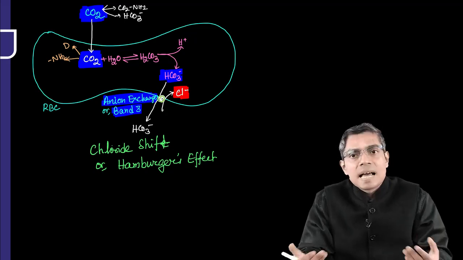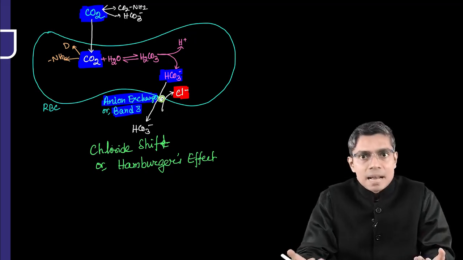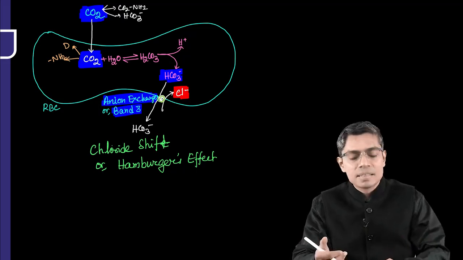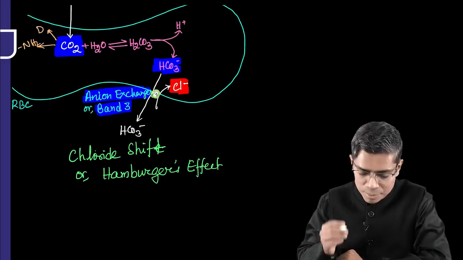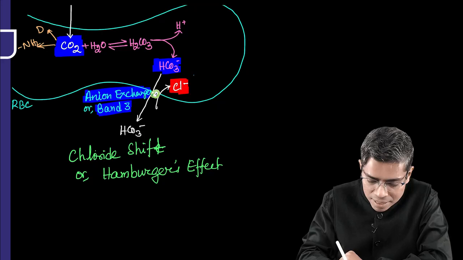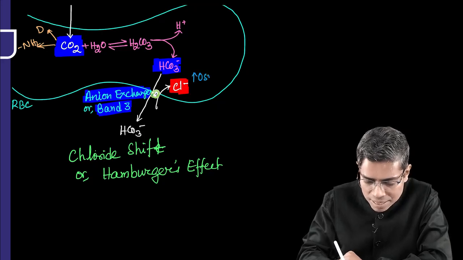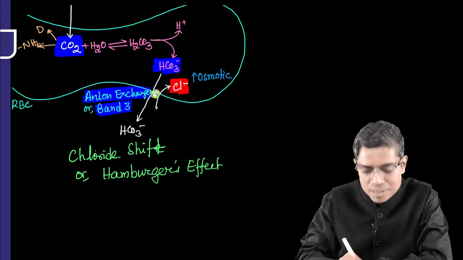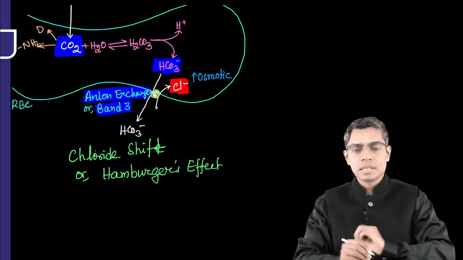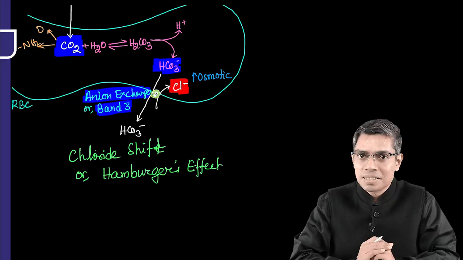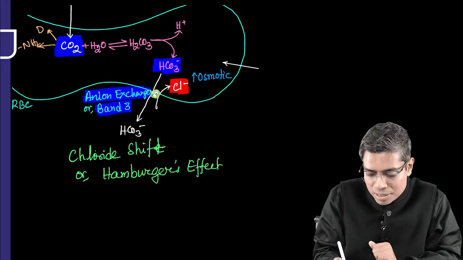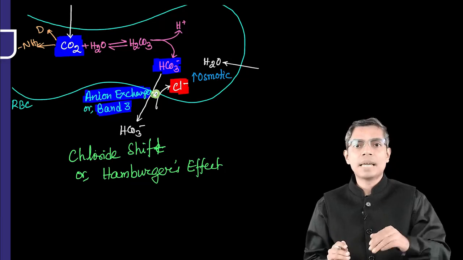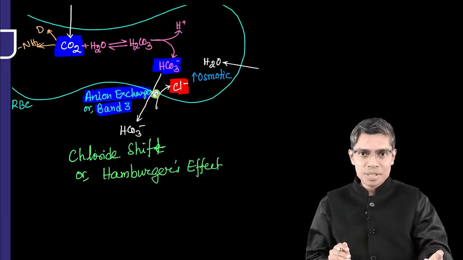So what will happen? This is an active osmolyte inside the RBC, either in the form of bicarbonate or chloride. So due to increased chloride concentration in the RBC, there will be an increase in osmotic tension of this RBC, right? If there is increased osmotic tension, all of you know what will happen. There will be osmosis, and water is going to enter inside the RBC.